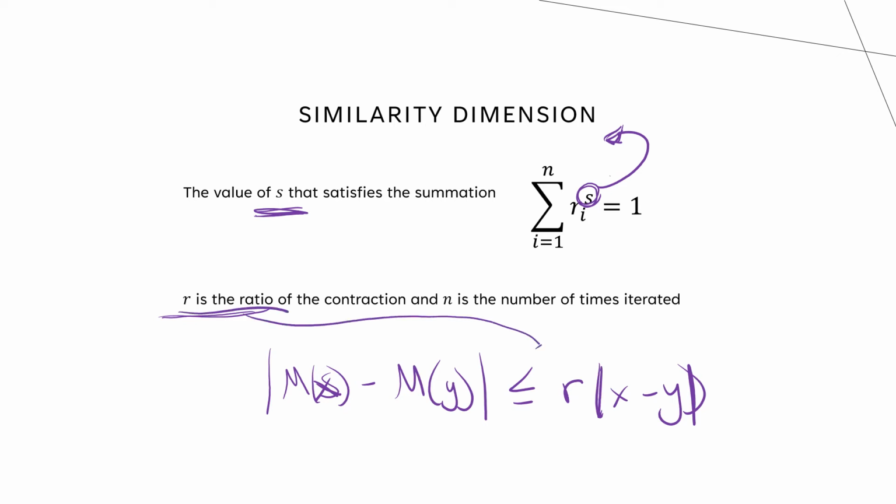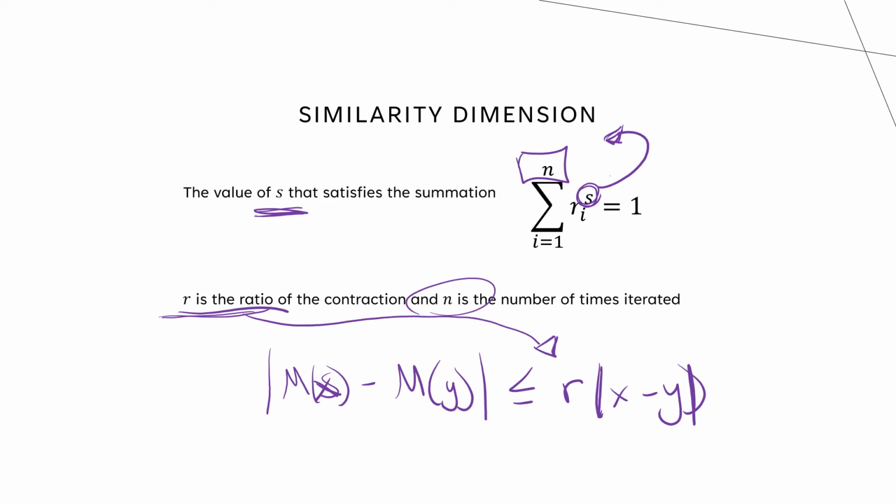So as long as R is between 0 and 1, then this is going to be a contracting map, and we're going to have a similarity dimension because it's going to continue to be able to get smaller and smaller and smaller. The N up here is the number of times that we iterate, which is exactly what it means in the summation.